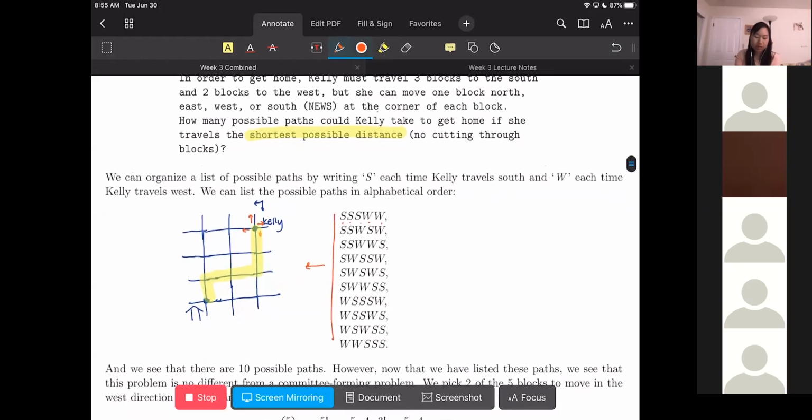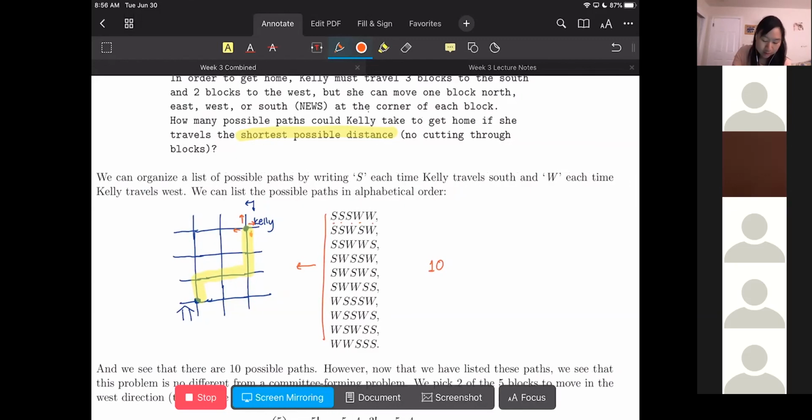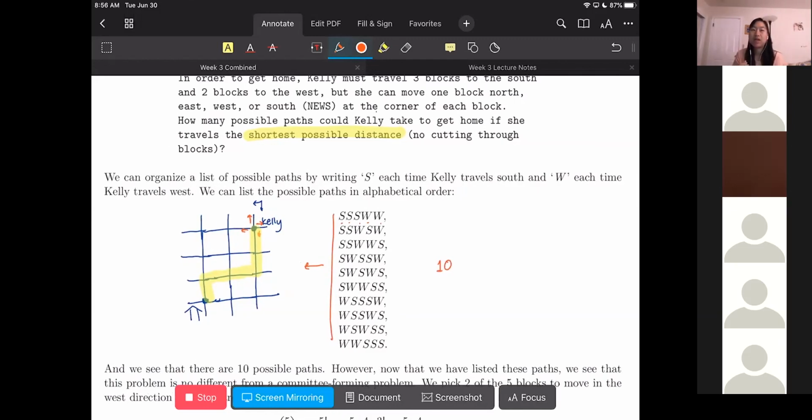So if we list out all the paths, we see there's actually 10 of them. And so that's one way we could get the answer: we could list them out. But now that we've listed out all the possible paths, we see that this is actually the same as a different problem that we solved before. Last week, if you all remember, we did a type of problem like, if I have 3 S's and 2 W's, how many words can I make from that?